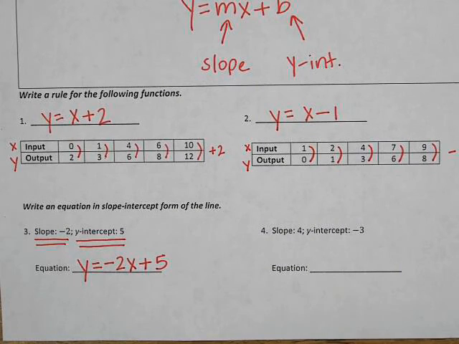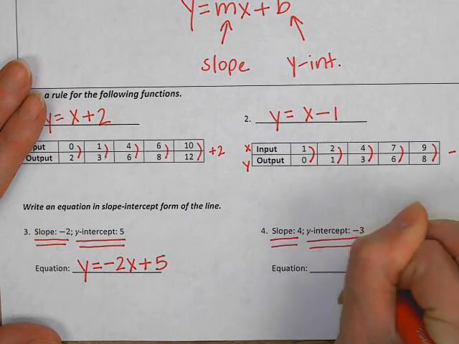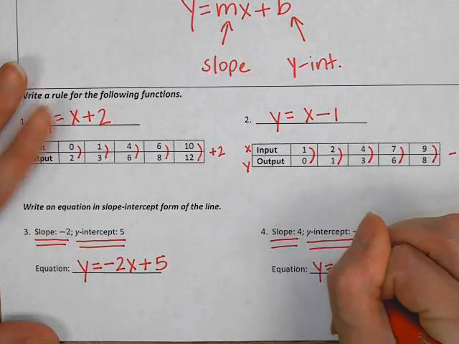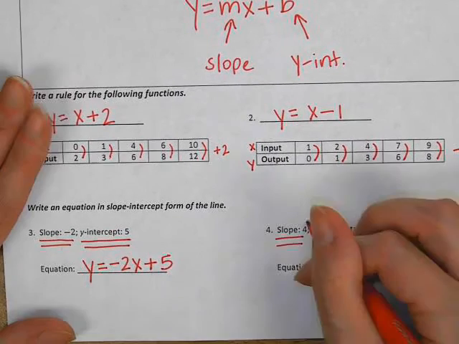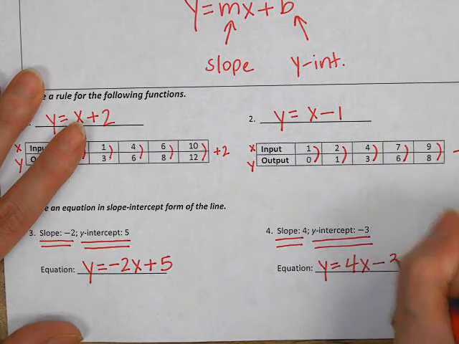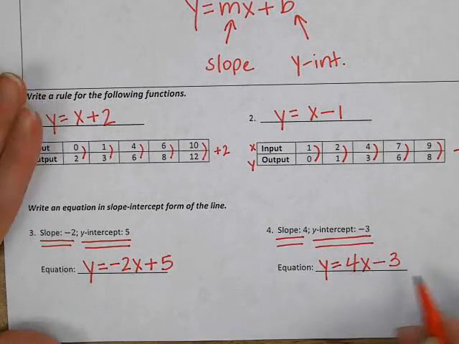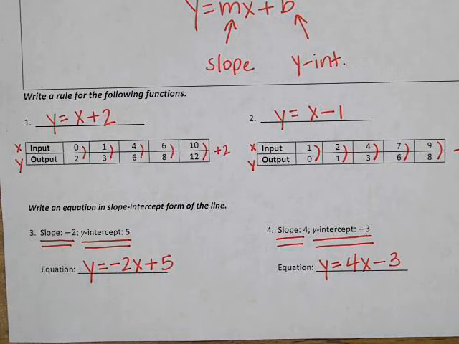All right, let's try number 4. Here's your m and here's your b. Y equals mx plus b. Well, m is 4, x, plus b is minus 3. So you could put plus negative 3 or just minus 3. All right, on to page 2.